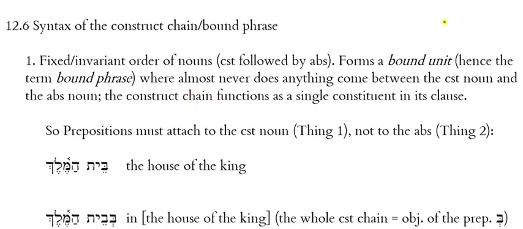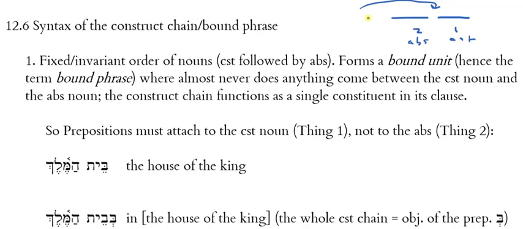So if I have thing 1 followed by thing 2, the construct noun followed by the absolute noun, what's going to happen here is that I will not see things intervening in between these two. I'm not going to stick, for example, an adjective in here.